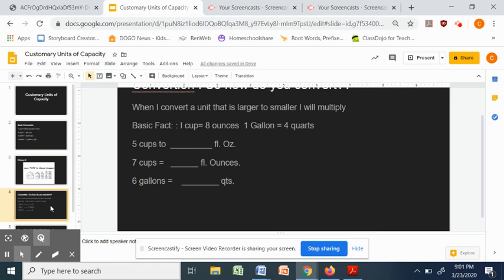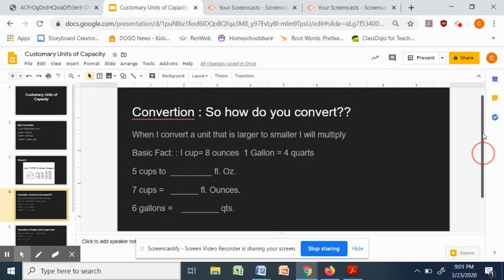Now, how do I convert? You know a little bit already about the technique, but I just wanted to go through it again. When I convert from a larger unit of capacity to a smaller unit of capacity, I'm going to multiply. What do I mean by that?